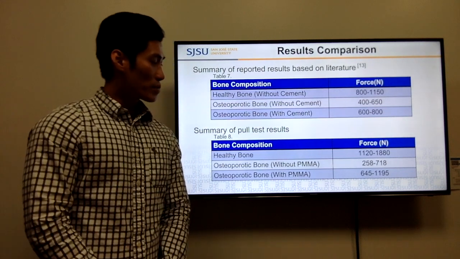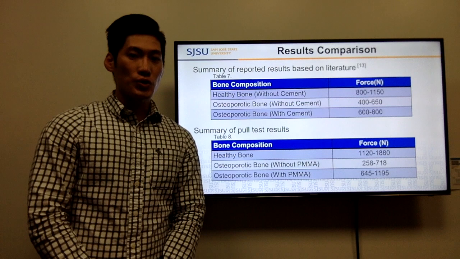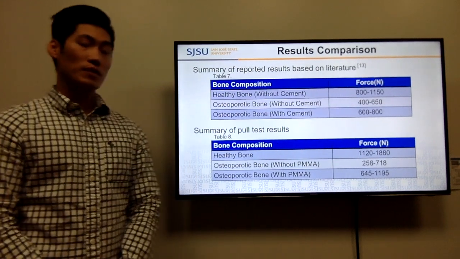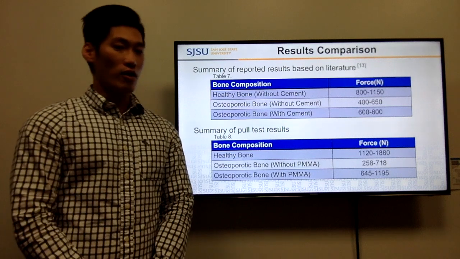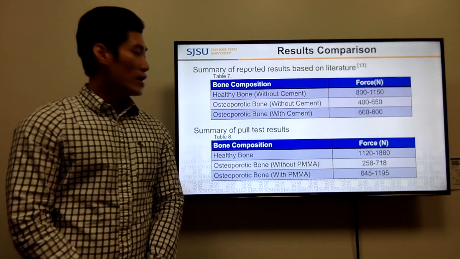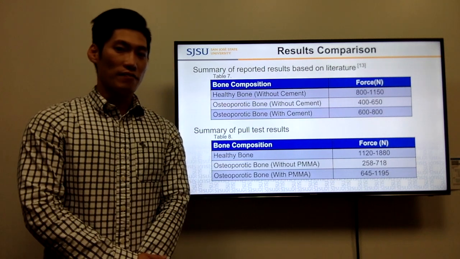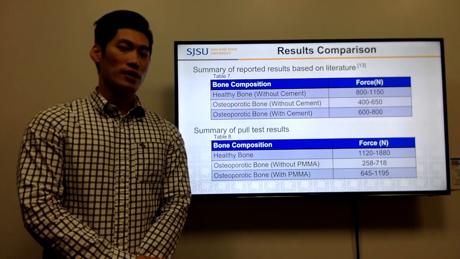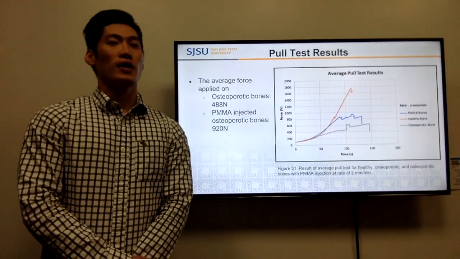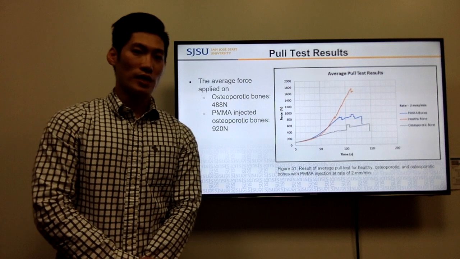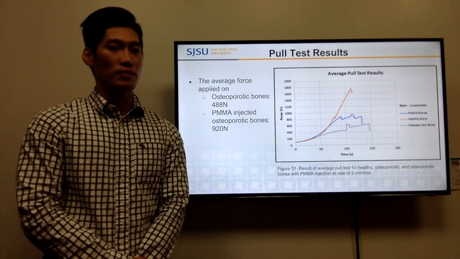The osteoporotic bones without PMMA go from 258 Newton to 718 Newton compared to 400 to 650 Newton from literature. And the osteoporotic bones with PMMA, the values go from 645 Newton to 1195 Newton compared to 600 to 800 from literature. And the chart here shows the average pull test result from 3 types of bones.